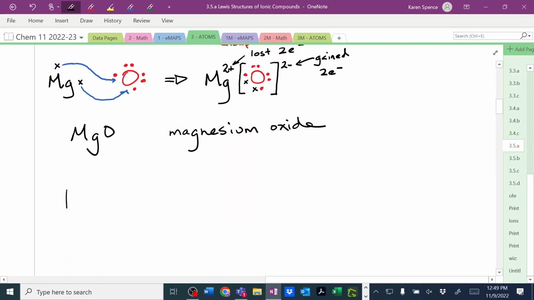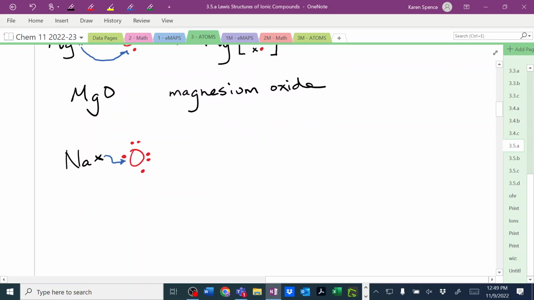Now we're going to work with sodium and oxide. We're going to use arrows to show the movement, and we go, oh, yay, that little sodium's X can fill in that gap right there.